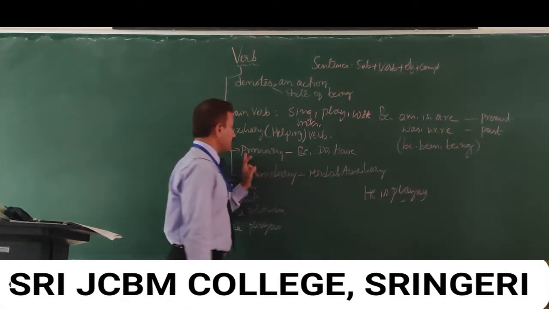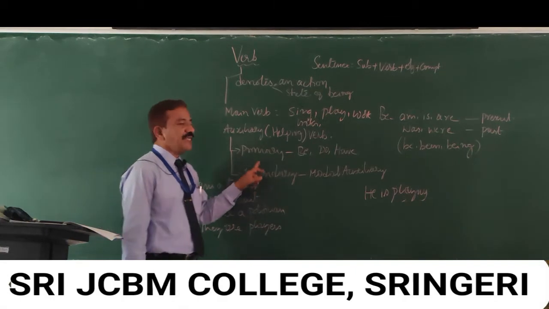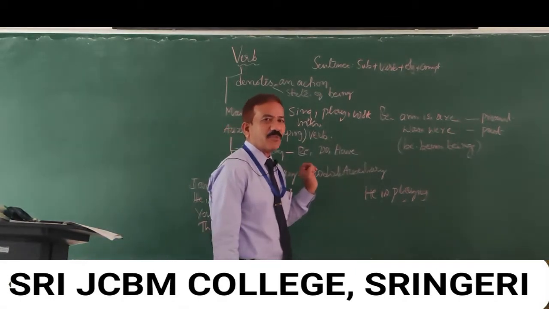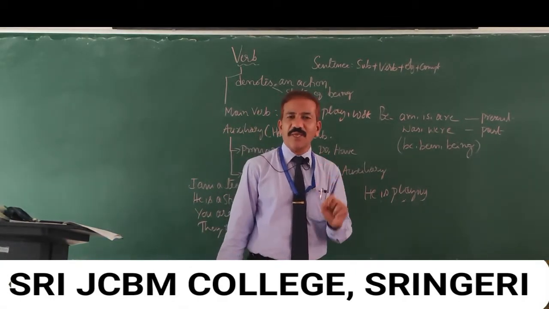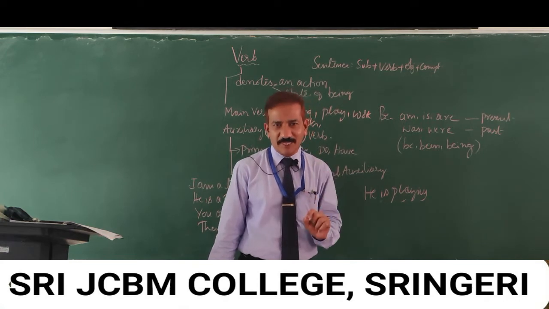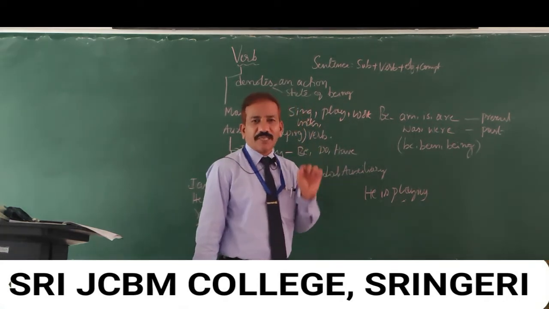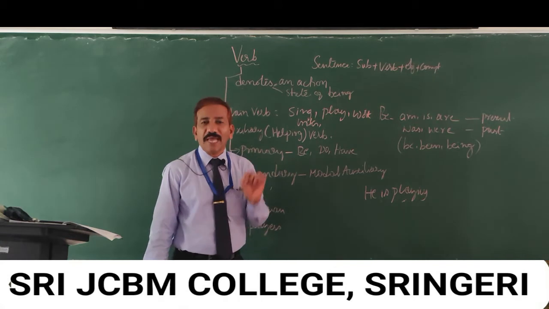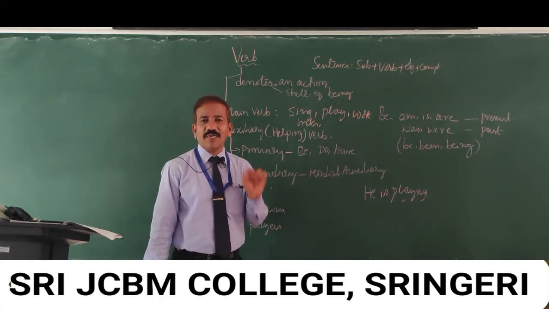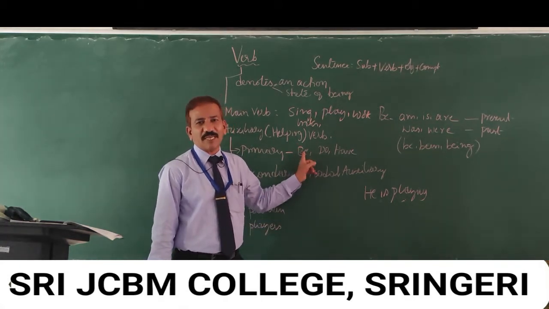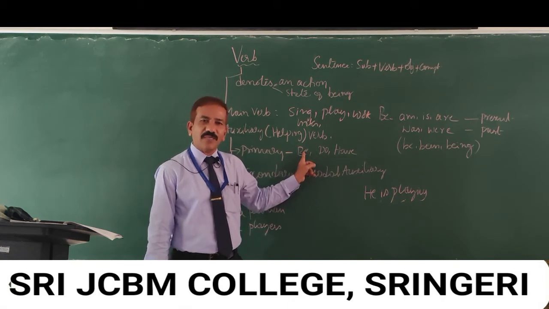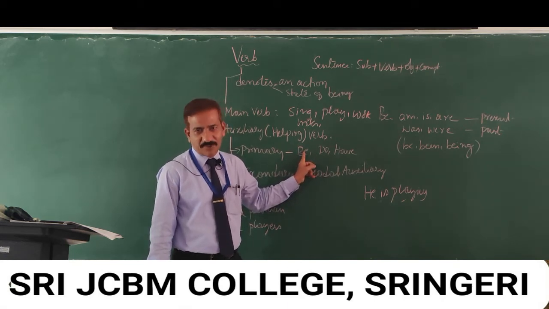Now, come back to primary auxiliaries and why they are called primary auxiliaries. These are auxiliaries which can be used as helping verbs and also as main verbs. That is why they come under the category of primary, and they are called primary auxiliaries or primary helping verbs.